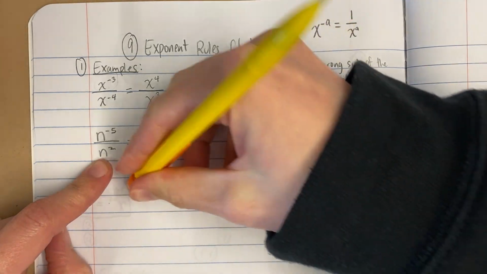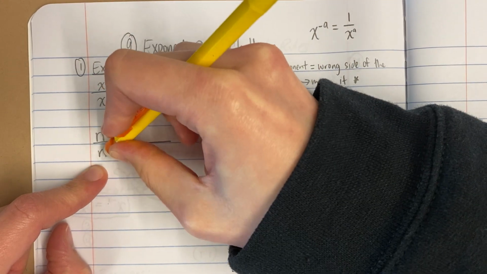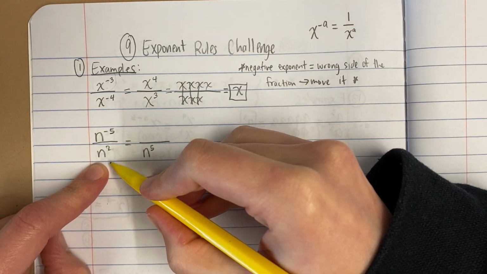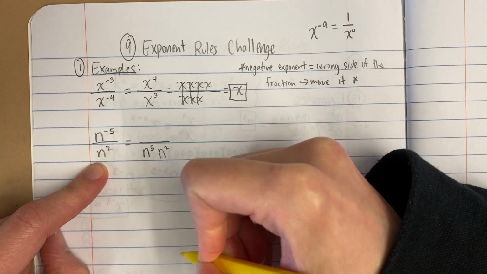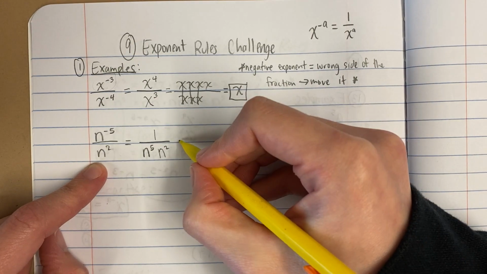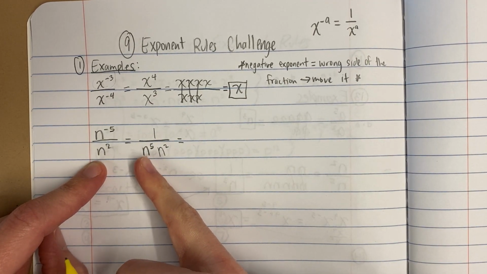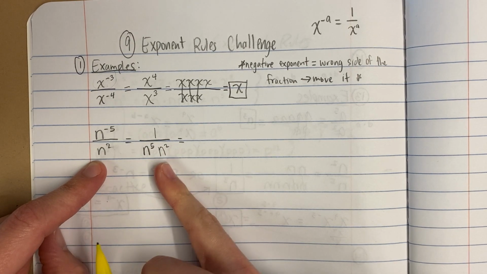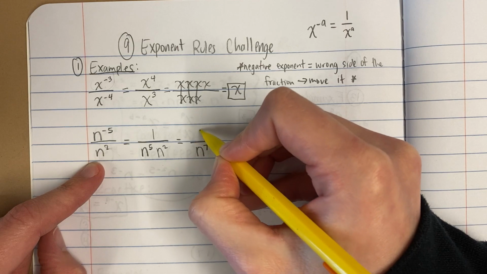This n to the 2nd wasn't negative, so that doesn't move. That just stays right here. What's up here? Just a 1, a placeholder. So now, on the bottom of the fraction, I have n times n times n times n times n times n. I have n to the 7th. And on the top of the fraction, I still just have 1.